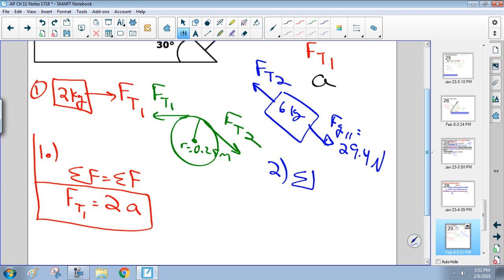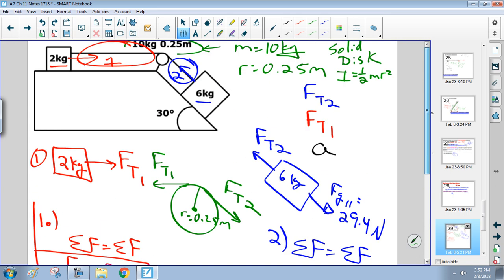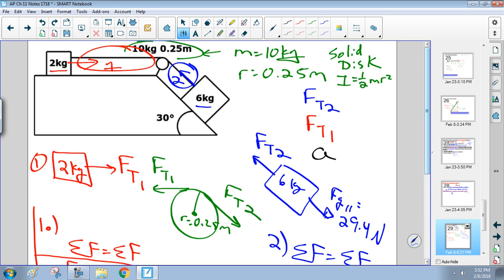Net force equals mass times acceleration. So we've got 29.4 newtons pulling down the ramp, but there's nothing resisting the motion of the 2 kilogram block. So I know my system's going to move this way. Let's call this way positive and this way negative.